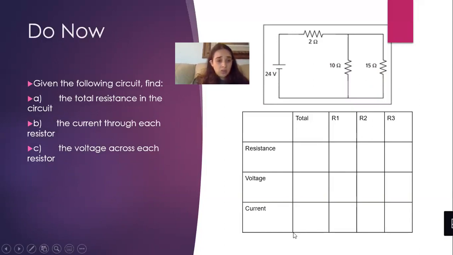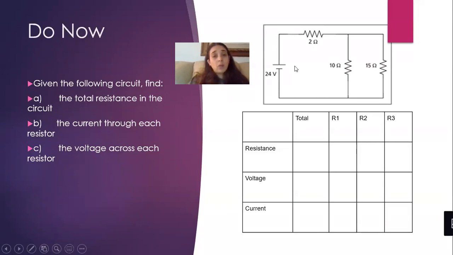Then you're going to find what the total current is through the whole circuit, what the total current is coming out of the battery, and what the current is going through each resistor as well. So remember all the different relationships that you learned yesterday.